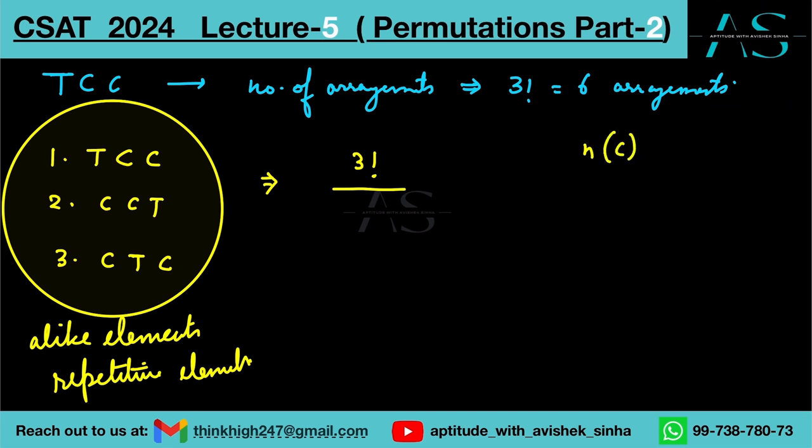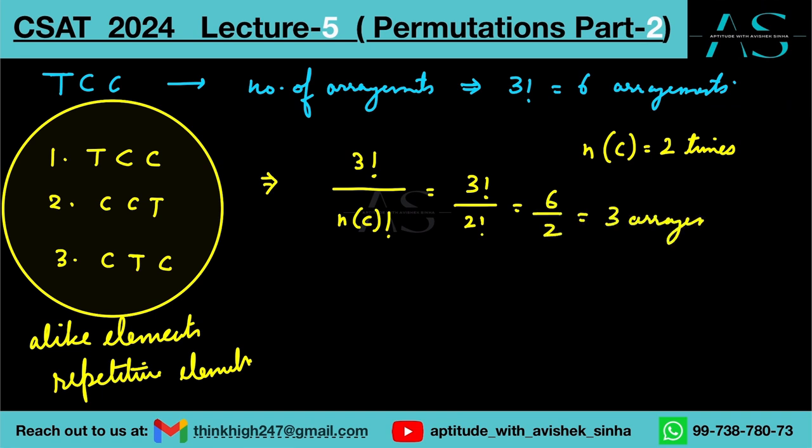C is repeating 2 times. So the answer is n factorial upon alike elements factorial. This is 3 factorial upon 2 factorial. 3 factorial is 6, 2 factorial is 2, this is 3. So we have got the answer as 3 arrangements.